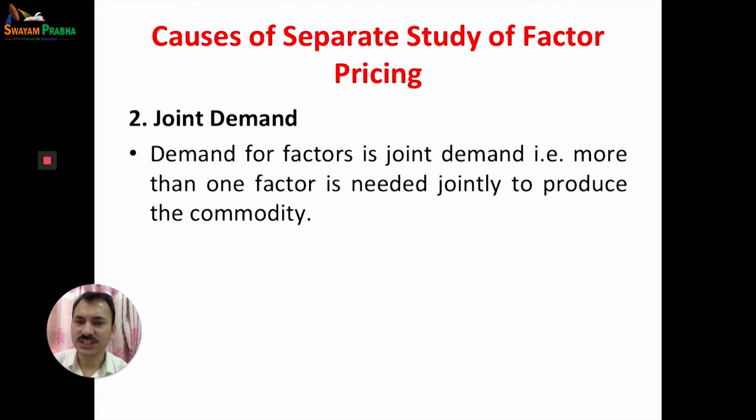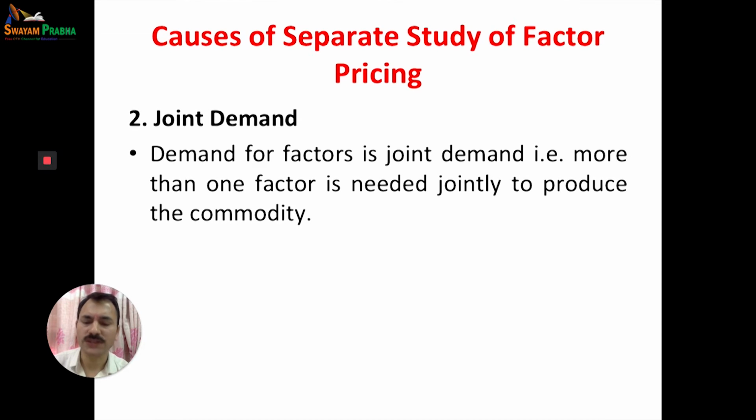Joint demand: the demand for factors of production is joint demand. More than one factor is needed jointly to produce the commodity. To produce any commodity, we need more than one factor. If you want to produce a commodity, say shirt or cloth, you need labor as well as capital. You need entrepreneurs. To produce an agricultural commodity, you need land, labor, and some capital also.